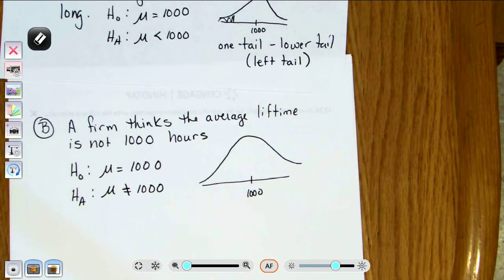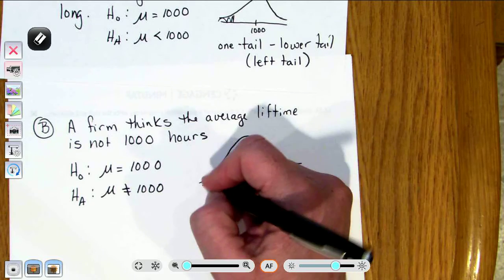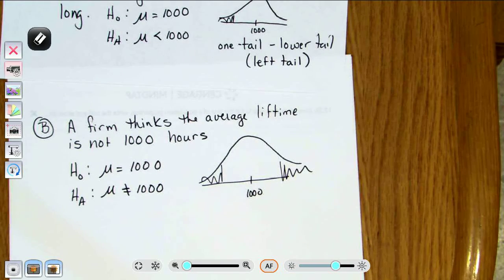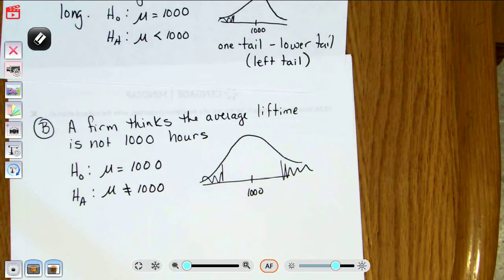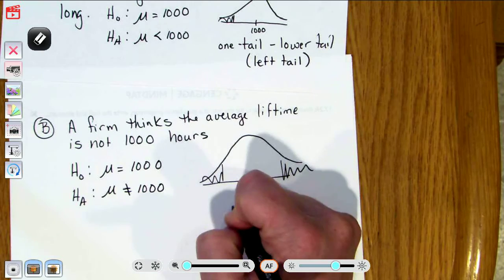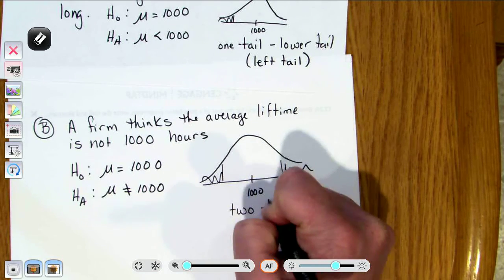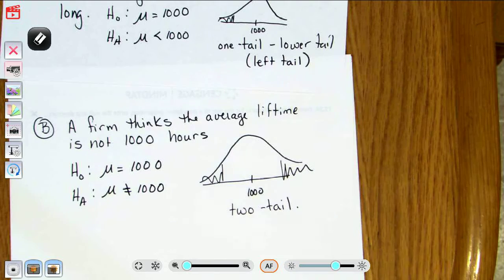It hasn't been proven that this is true yet. And since we don't really know if we're going to be bigger or smaller, we're going to look on both sides. So in those cases, we will say that we have what we call a two-tail. So that's going to be our two-tail situation.